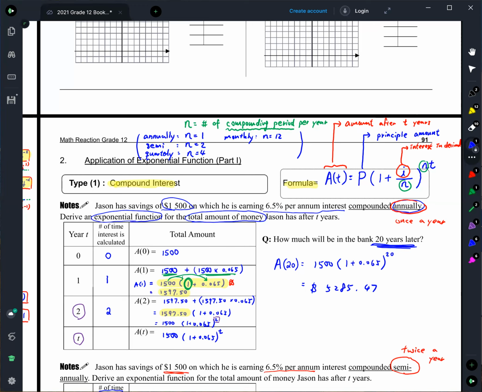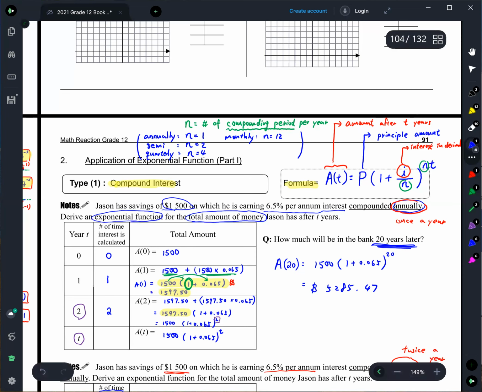Can you explain how we type it into the calculator? Because my numbers are off when I type it in. Okay, does your screen show what you typed? I don't know how to type in the exponent.